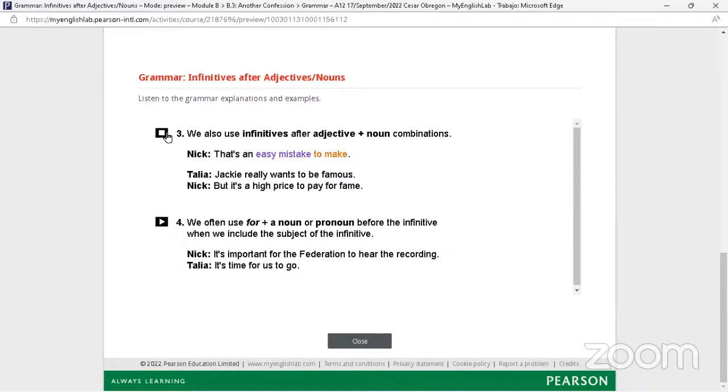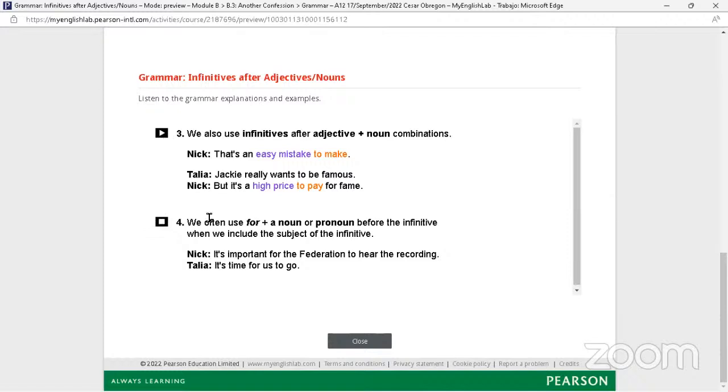But it's a high price to pay for fame. Okay. Any questions? No questions.